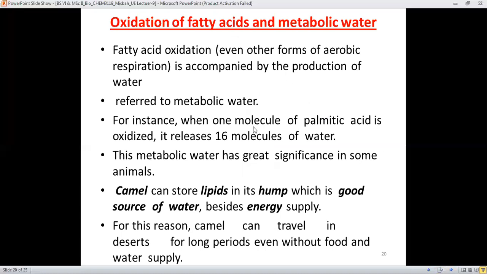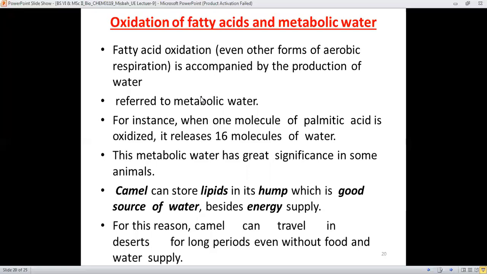The oxidation of fatty acids and metabolic water. Fatty acid oxidation, like other forms of aerobic respiration, is accompanied by the production of water, and this water is continuously produced in the body by the natural process, and this water is called metabolic water.